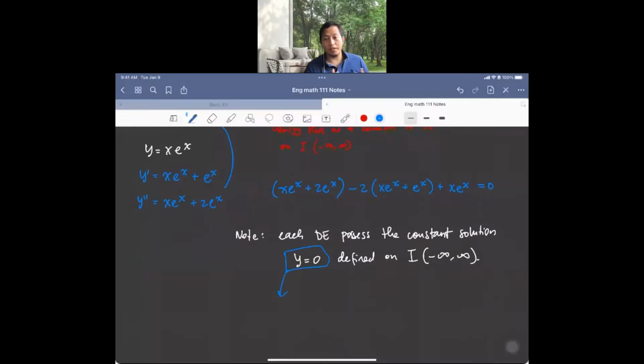And this kind of solution, we call a trivial solution. So every time you get perhaps solutions that are 0 on some interval, it is called the trivial solution.